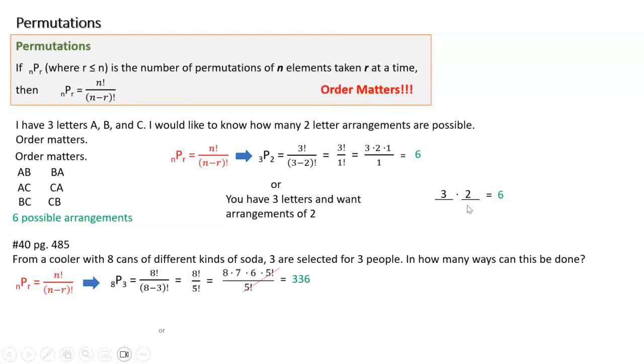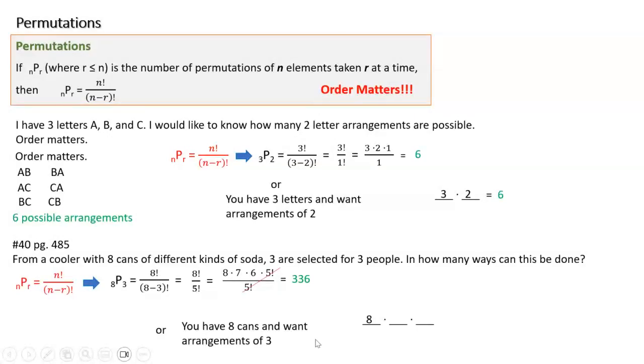Or you can do it the other way. How many people wanted a soda? It's 3, so I'm going to put 1, 2, 3. There are 8 different kinds of sodas, so the first person out of the 3 can select any of the 8.